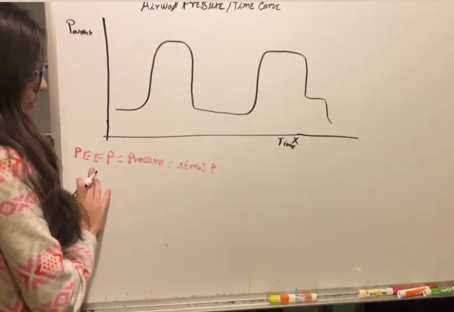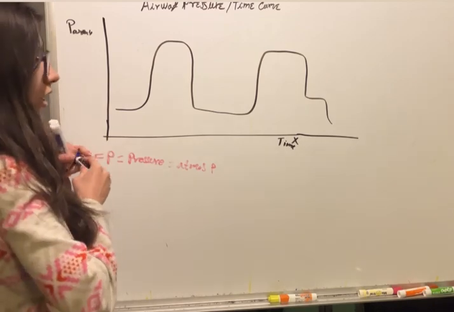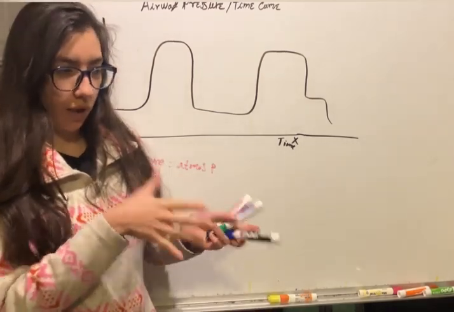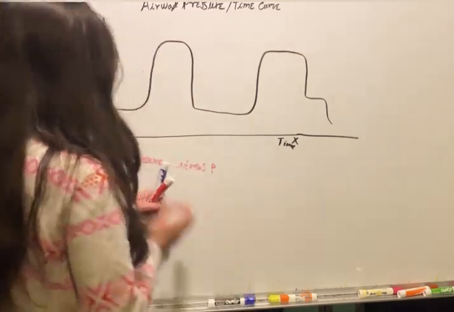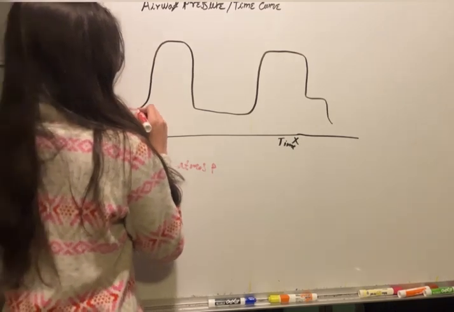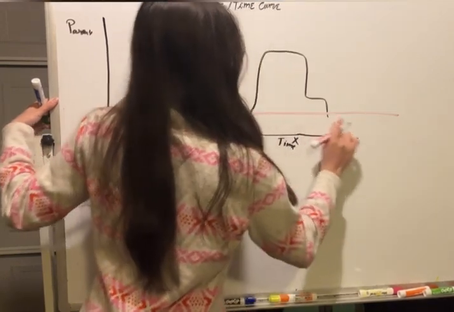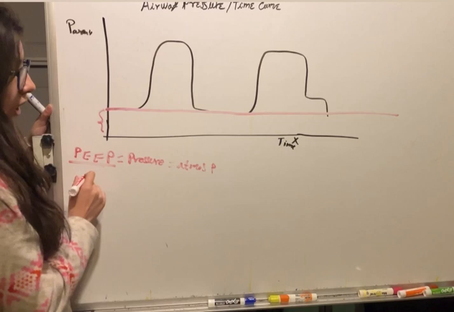So positive end-expiratory pressure, the pressure at the end of expiration, is like the baseline pressure we have in the alveoli after we take all the air out. So that is this pressure. This pressure is the positive end-expiratory pressure.